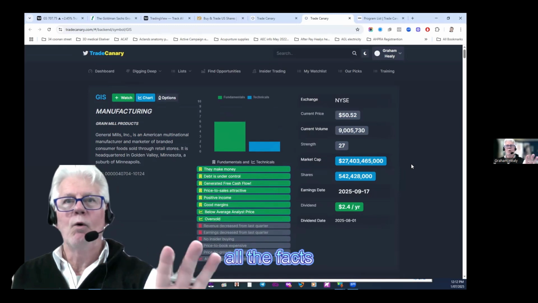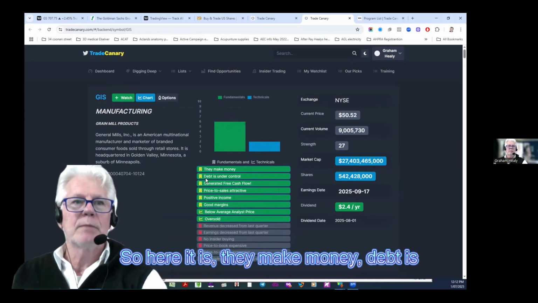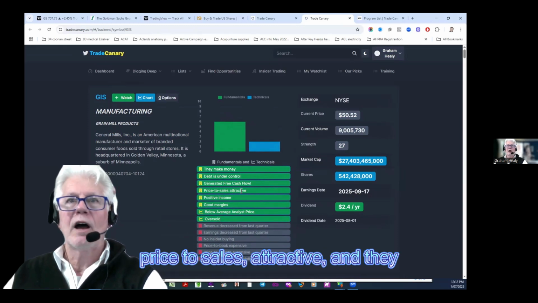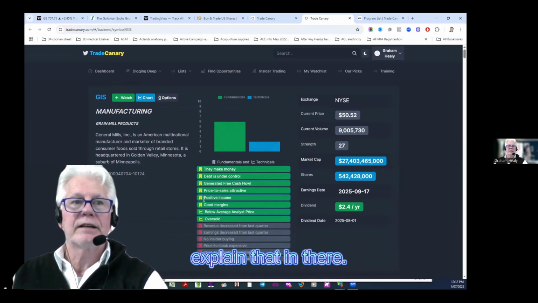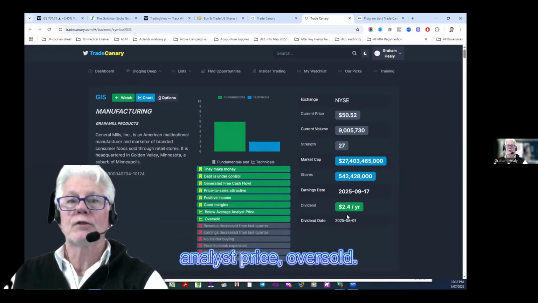You get all the facts in one page. So here it is. They make money, debt is under control, generate free cash flow, price to sales attractive, and they explain that in there. Positive income, good margins, below average analyst price, oversold.